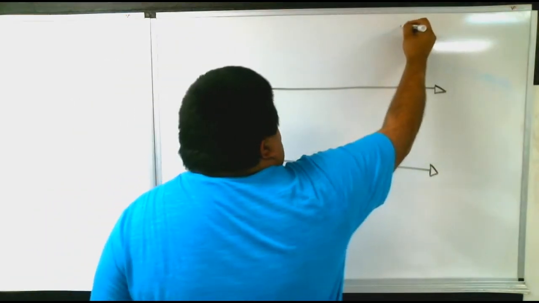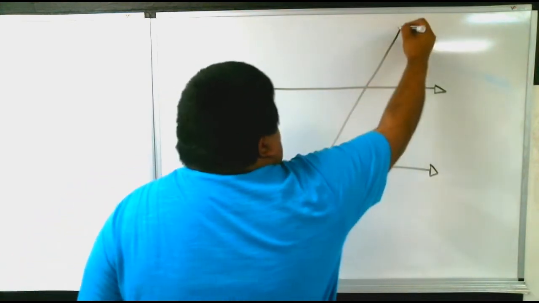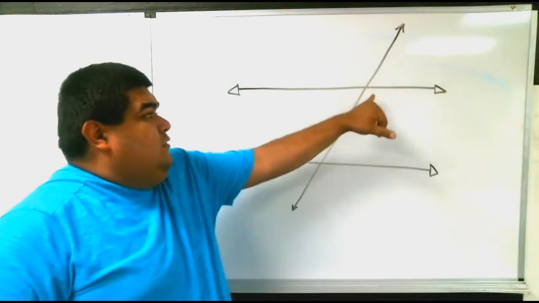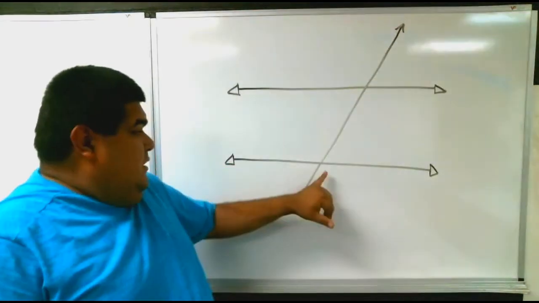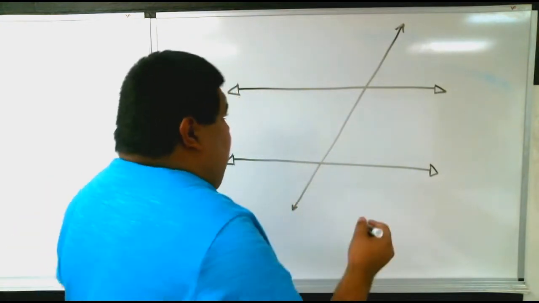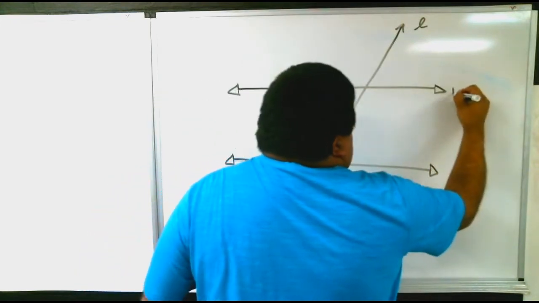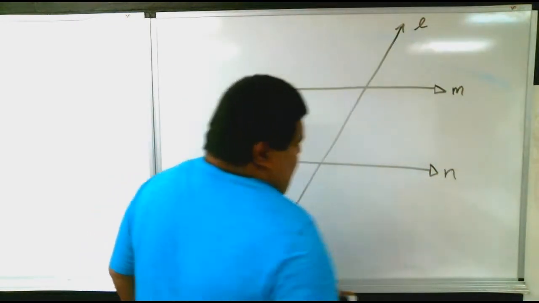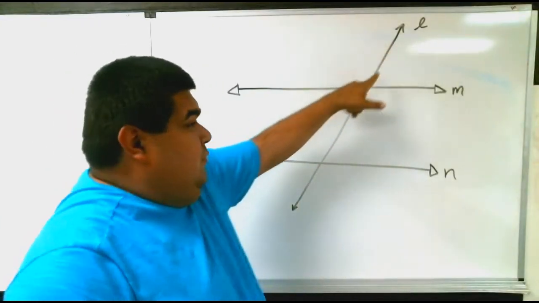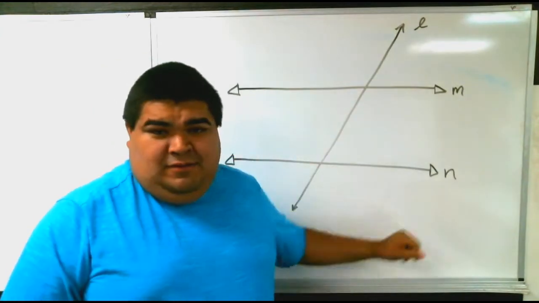So we have a line that slashes through, which means this line intersects here and here. If we want to label these lines, we can say line L, this is line M, and this is line N. So line L is our transversal because it crosses through line M and line N.